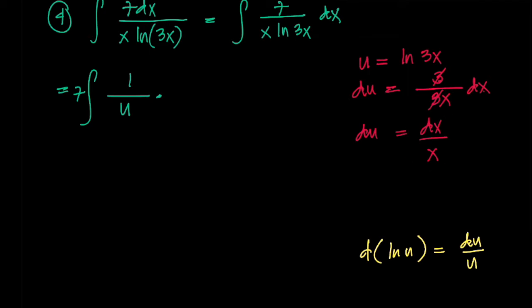Si dx over x naman is just simply du. So, pwede natin ayusin muna. So, instead of this, ayusin natin ganito. 7, the integral of du over u.